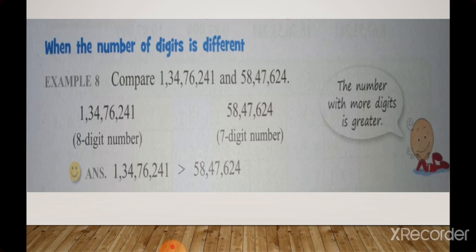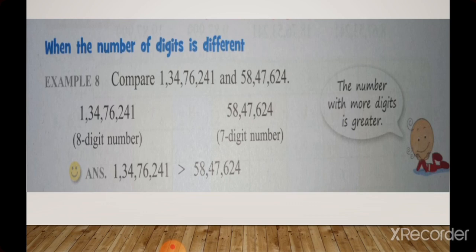Compare 1 crore 34 lakh 76,241 and 58 lakh 47,624. First you should write these two numbers. After writing these two numbers, you should count the digits of each number. So first write 1 crore 34 lakh 76,241.